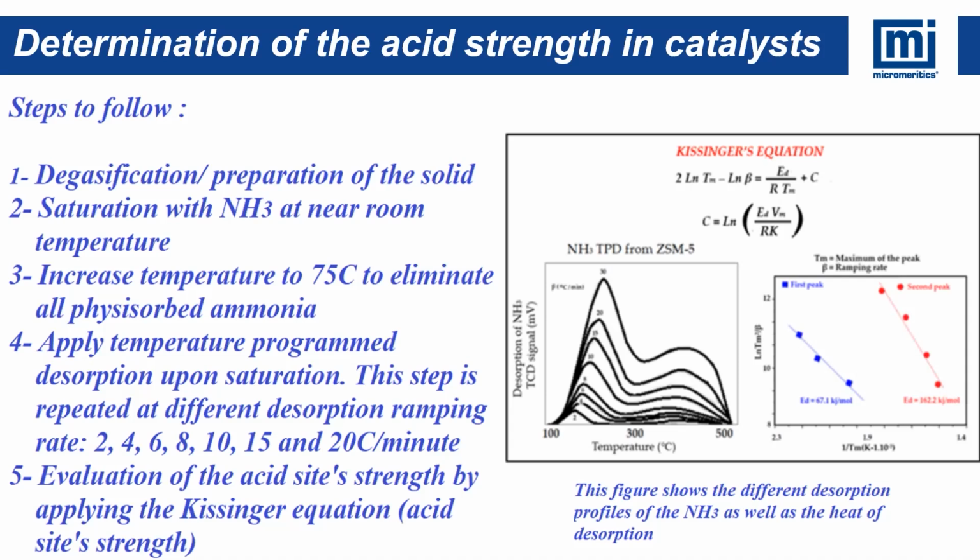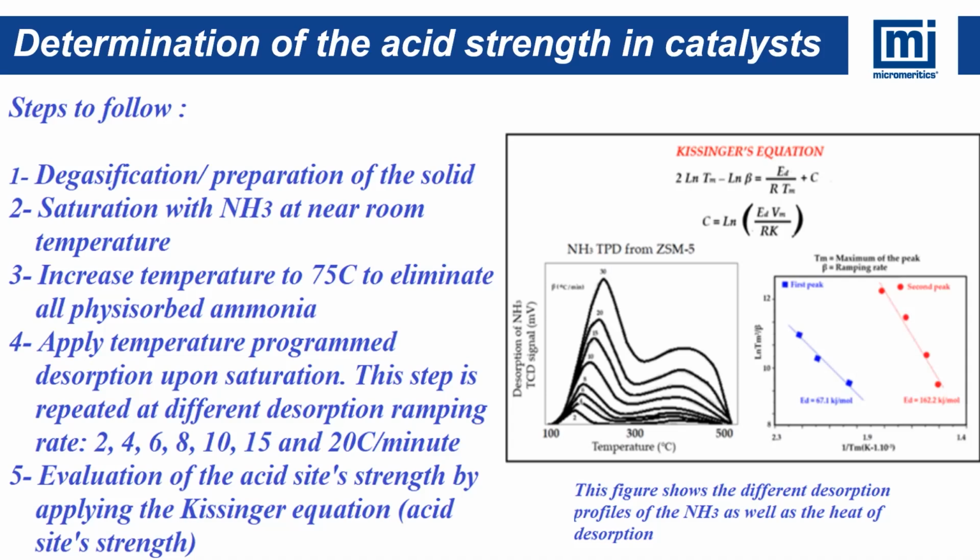As you can see on the right side, the blue is the heat of desorption for the low-temperature desorption peaks, which are on the left side, while the red curve on the right side gives us the desorption at a very high temperature, for the strong acidity.